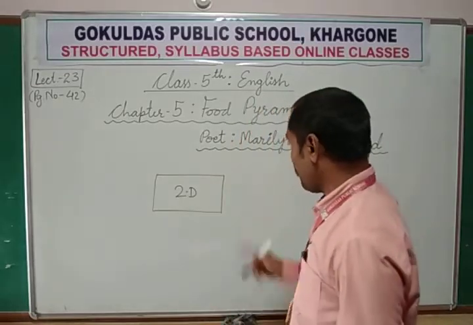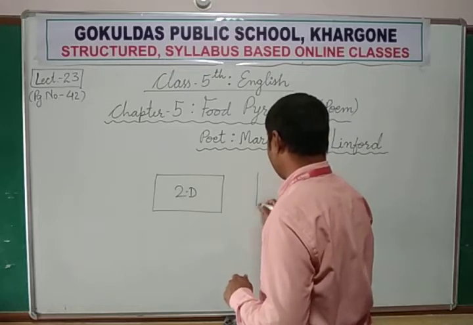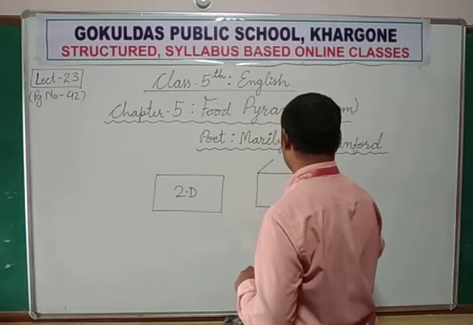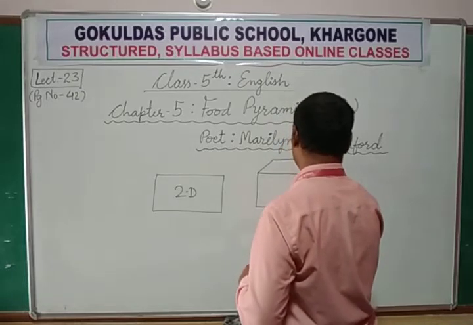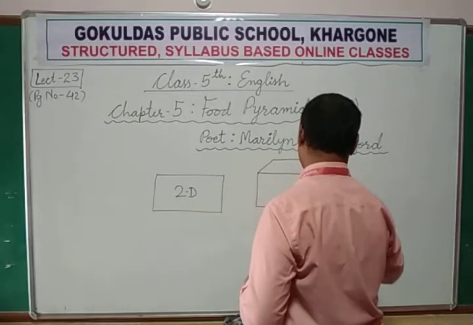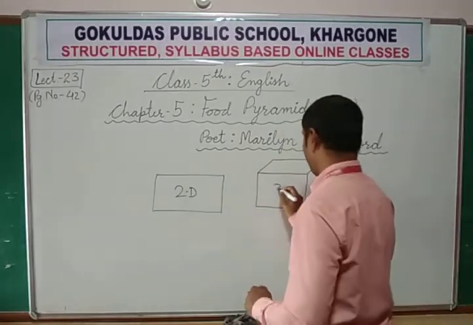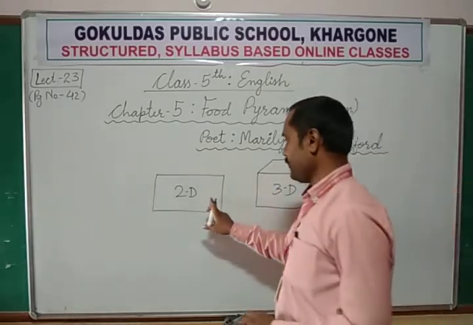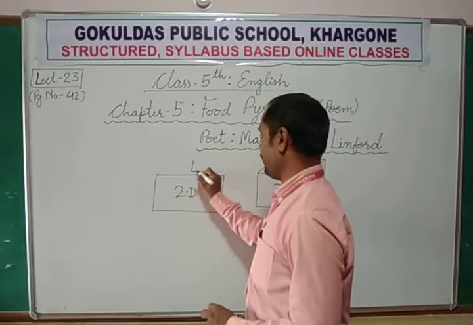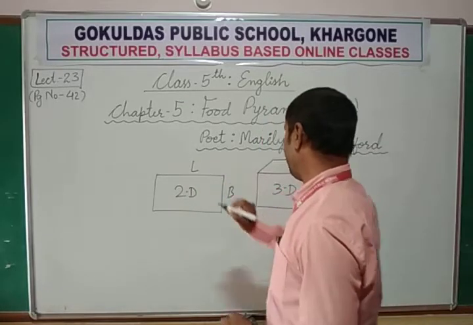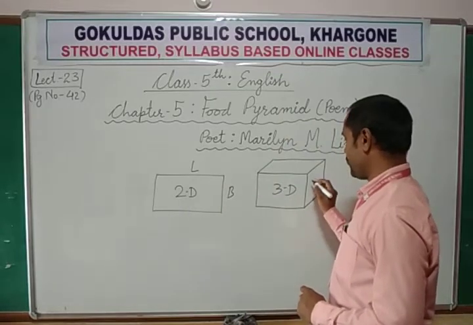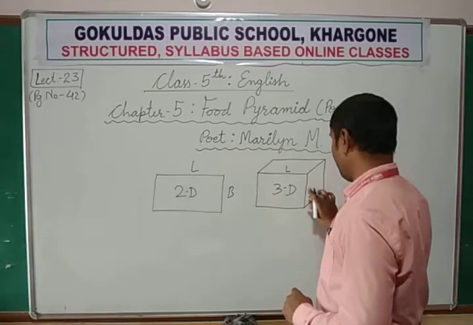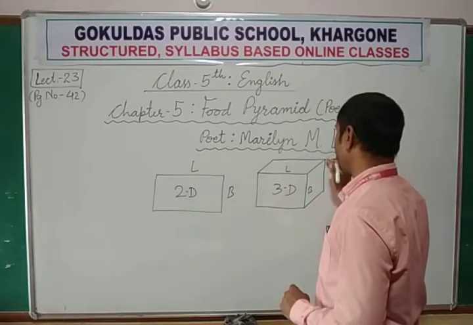Now suppose this is a 3D object, and it has some height also. This type of structure, which is 3D, has three dimensions. So that is called 3D. 2D has length and breadth, but a 3D structure, along with length and breadth, has some depth or height.